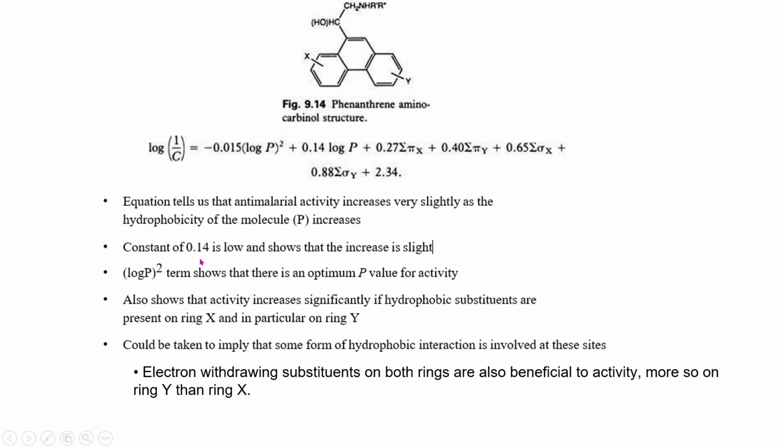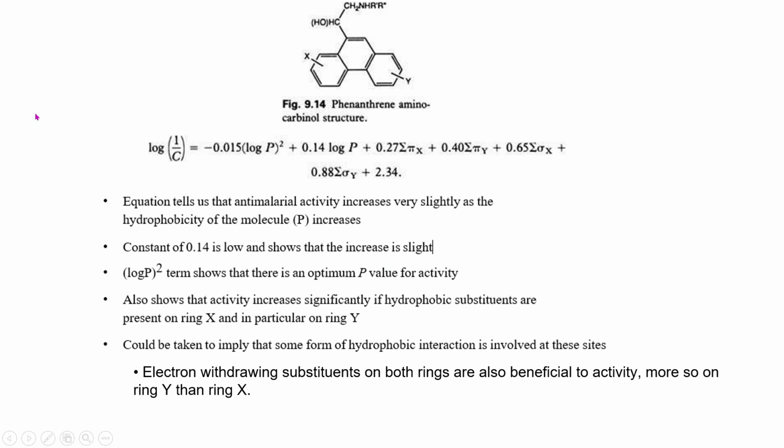Now the constant of 0.14 is low and shows that there is a slight increase in the biological activity. Here we have considered the log P, but the 0.14 value is less, so the activity is slightly increased. The log P square term shows that there is an optimum P value for the activity. This P square value of log P will give the optimum P value for the anti-malarial activity.